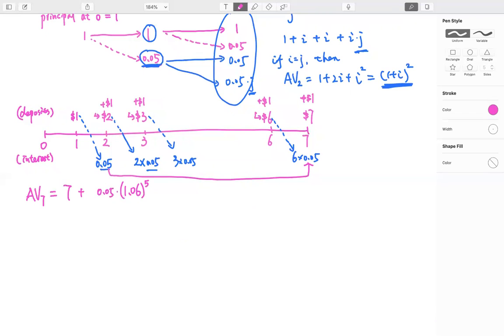The second one is 2 times 0.05. Now, obviously, you have 4 years left, right? Continue until the very last one would be 6 times 0.05, right? The last interest is paid at time 7, so there's no need to do any accumulation.